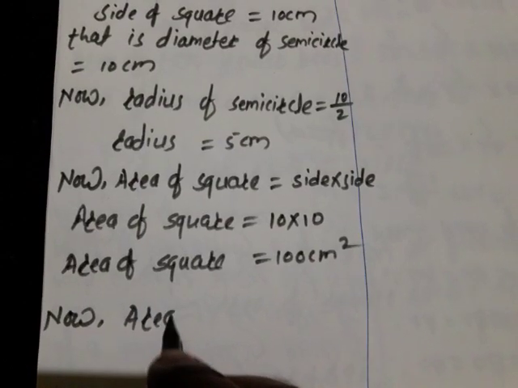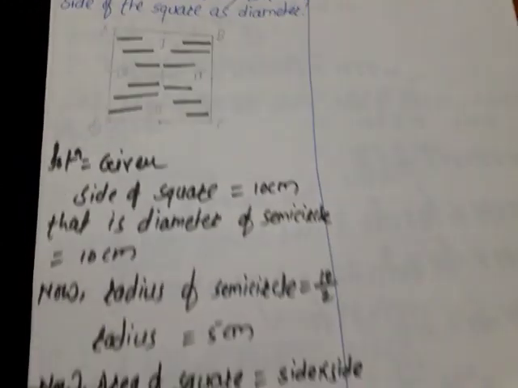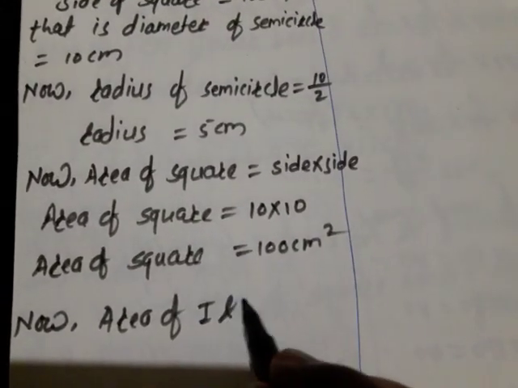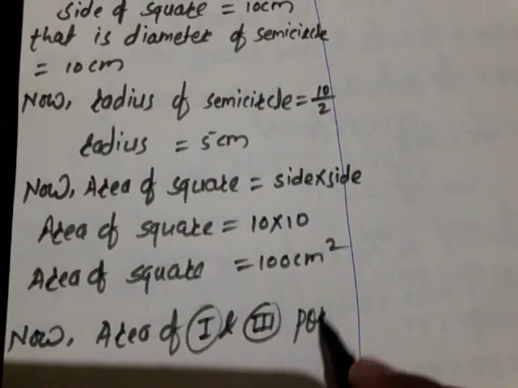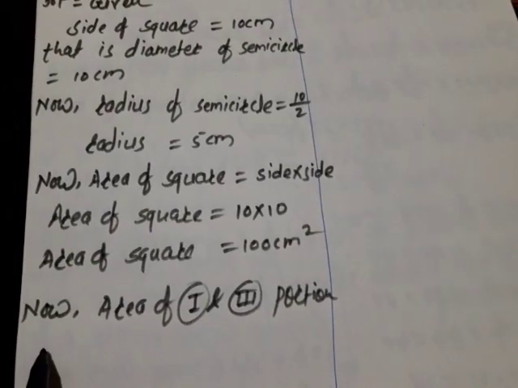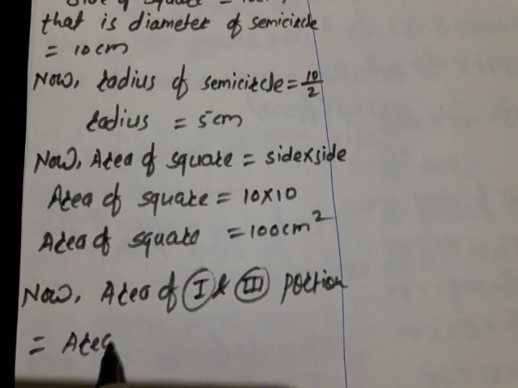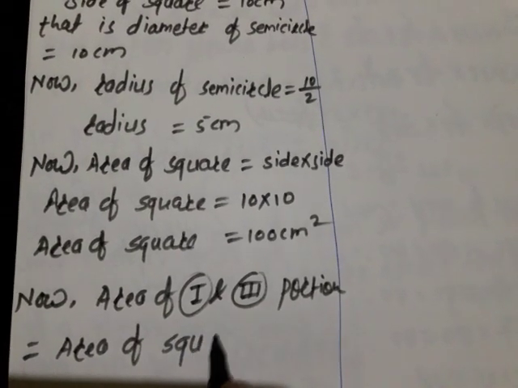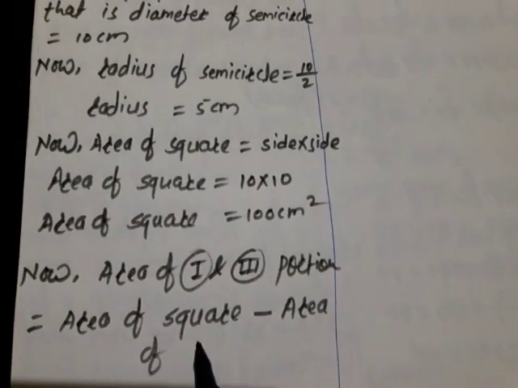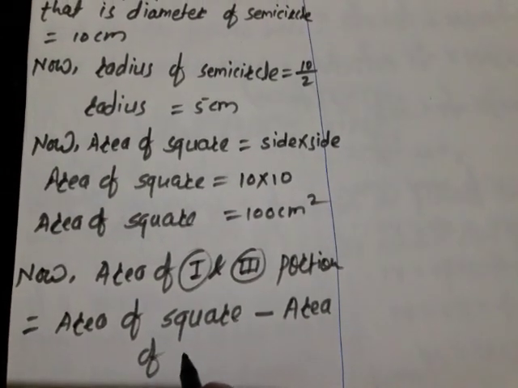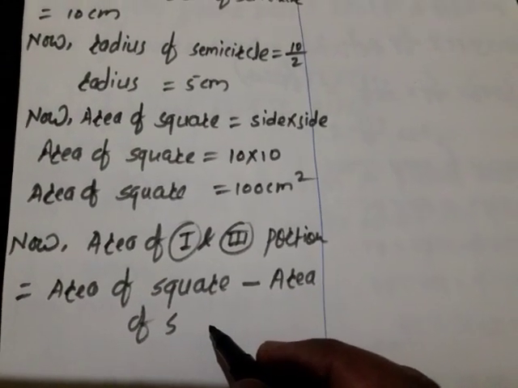Now, area of first and third portion is equal to, what we have to do? Area of square minus area of 2 semicircles.